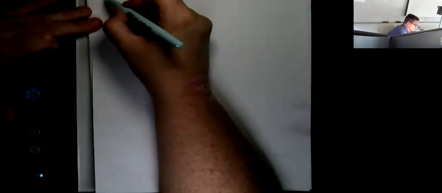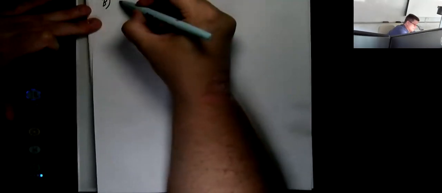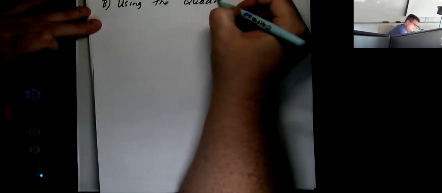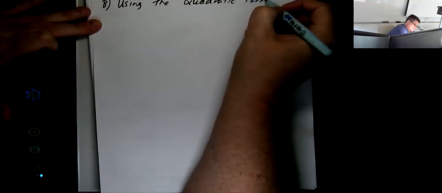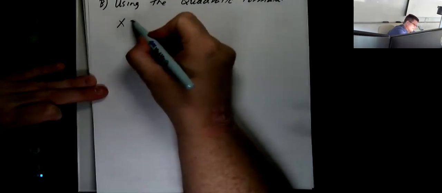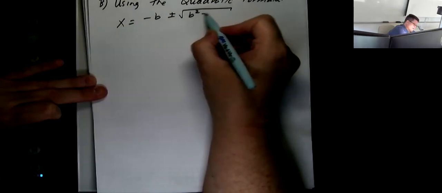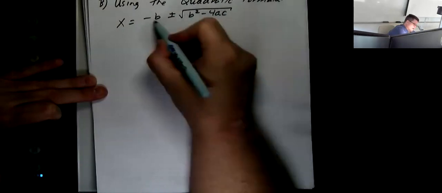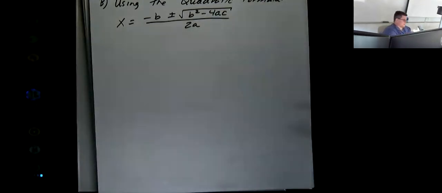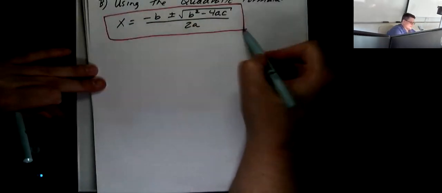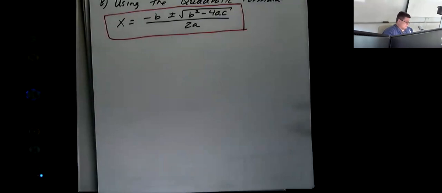Option B. Using the quadratic formula. X equals negative b plus or minus the square root of b squared minus 4ac all over 2a. That is the quadratic formula. You can memorize this with flashcards.